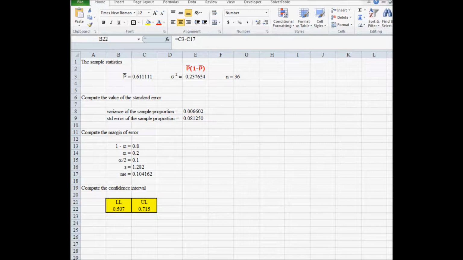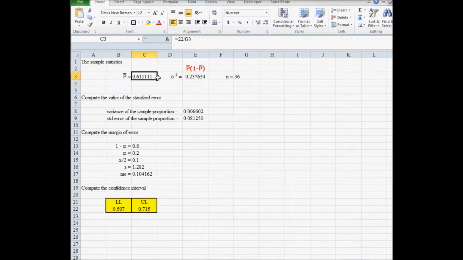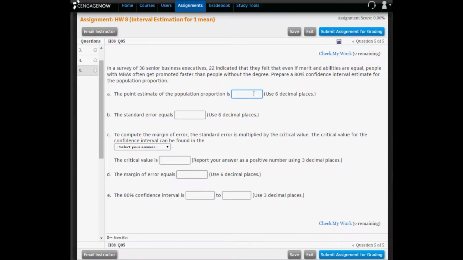Now we're going to copy these values into Cengage Now. The point estimate of the population proportion is the sample proportion, 0.611111. And we have to have 6 decimals, which we do. 1, 2, 3, 4, 5, 6.